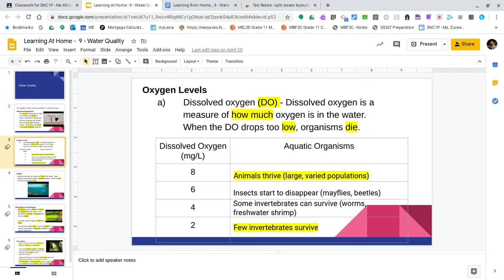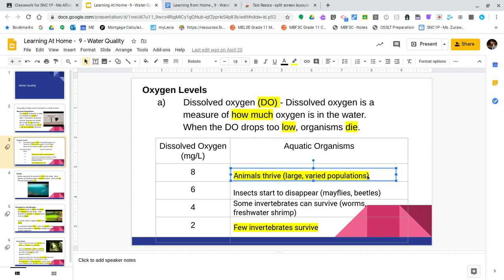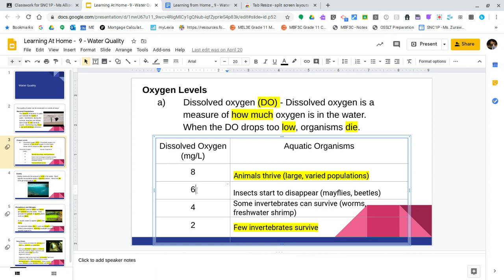Another way to think about the quality of water is to think about how much dissolved oxygen is in the water. So what happens when dissolved oxygen drops is organisms will die. So why would that be? Because organisms in the water are still using the oxygen, right? So for example, when you've got the highest level of dissolved oxygen, what happens to the animals? They're thriving, and you'll see a bunch of varied populations. As the water levels begin to drop, you'll eventually get to a level where there's going to be few invertebrates that will actually survive.